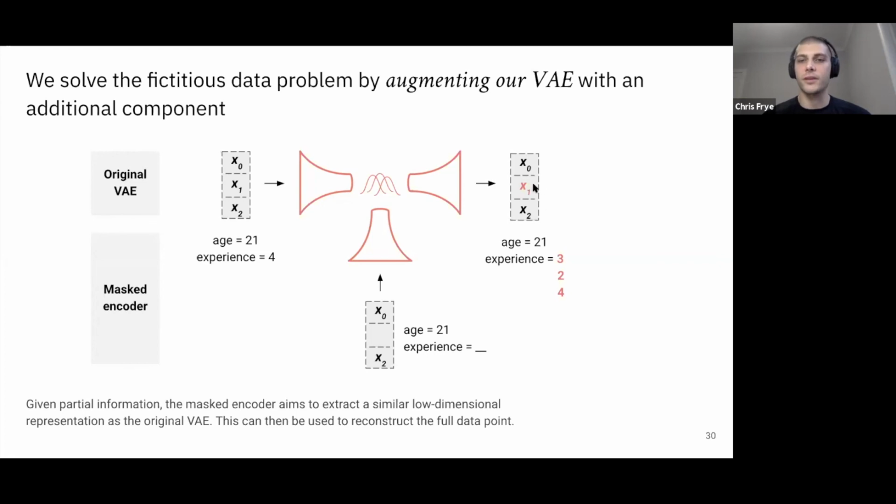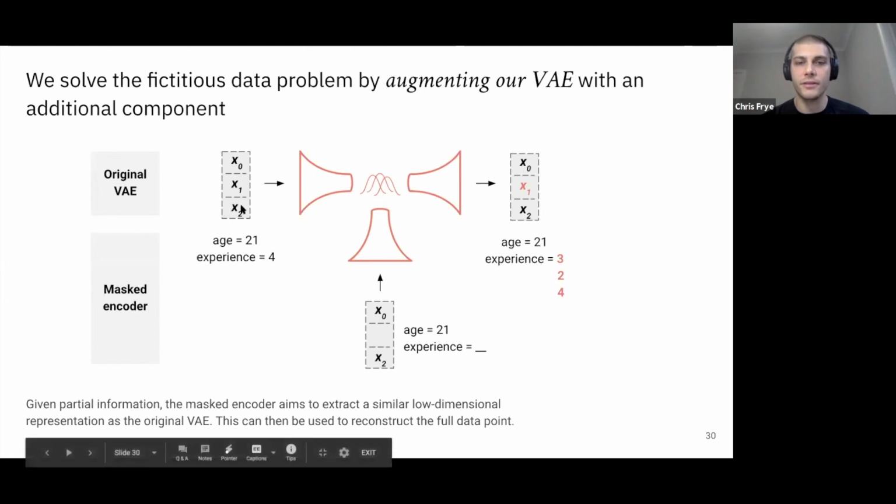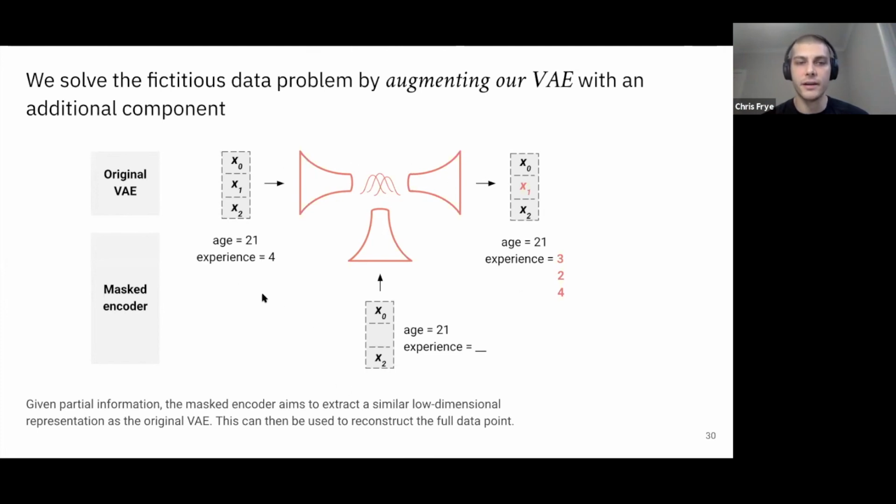That's why x1 comes out sampled with reasonable values like 3, 2, and 4. But yeah, the way we solve the fictitious data problem is when we fill in missing feature values, instead of just drawing them from the data set, we use this VAE-based data imputer instead.